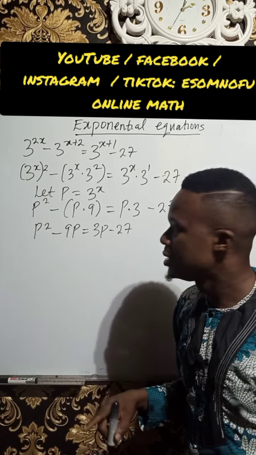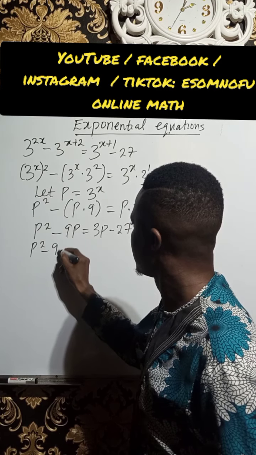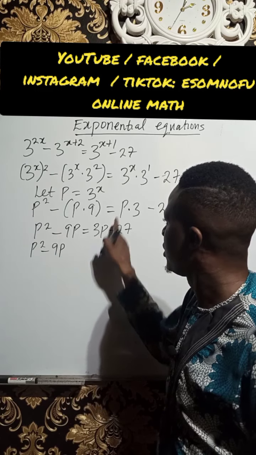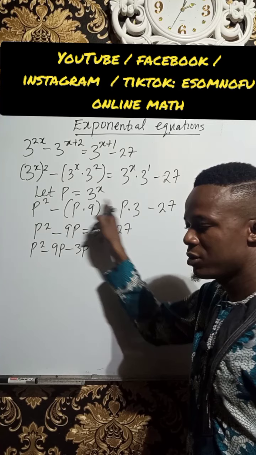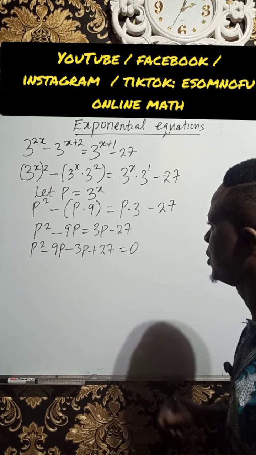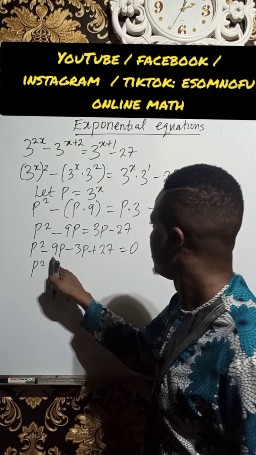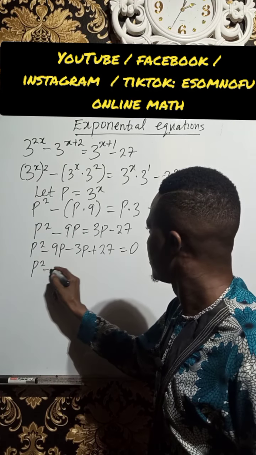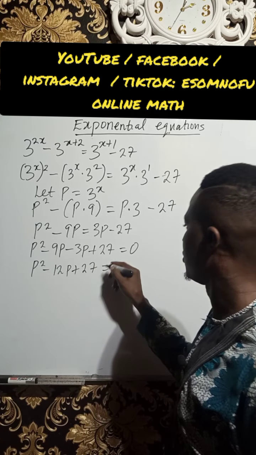So let us rearrange this. We shall have p squared minus 9p, this 3p crossing over will turn to minus 3p, minus 27 crossing over turns to plus 27, equals 0. Now this is p squared minus 9p minus 3p, which gives us minus 12p, plus 27 equals 0.